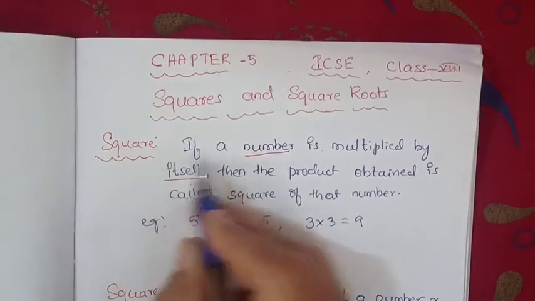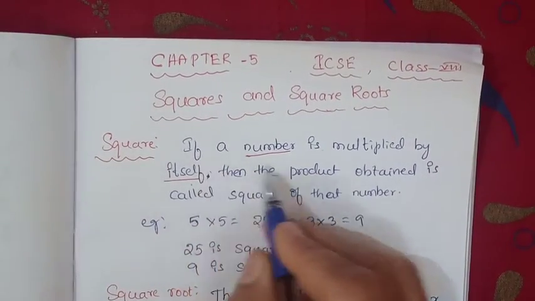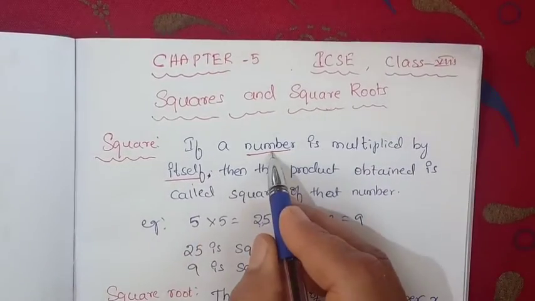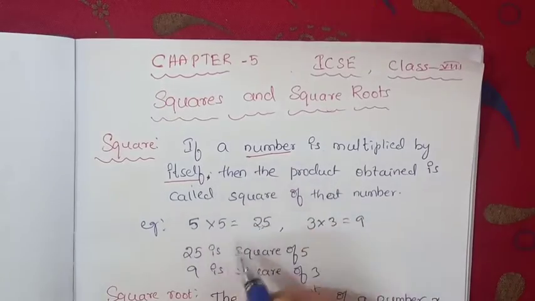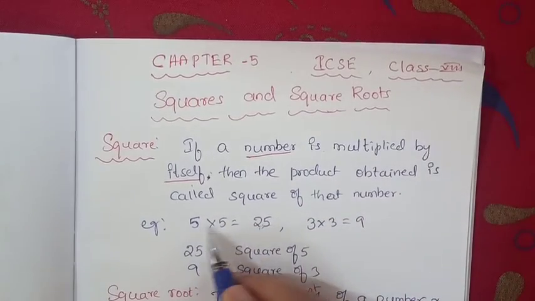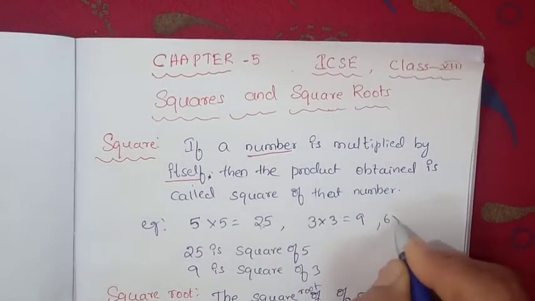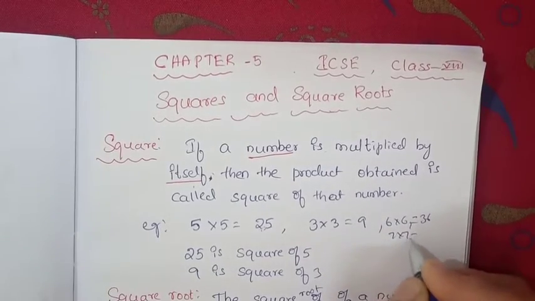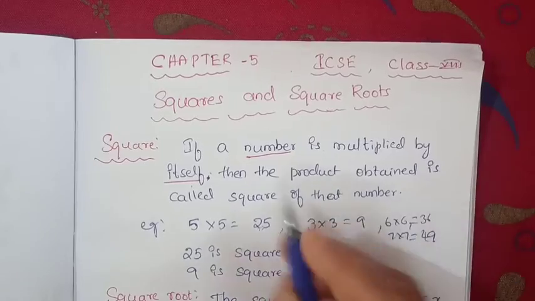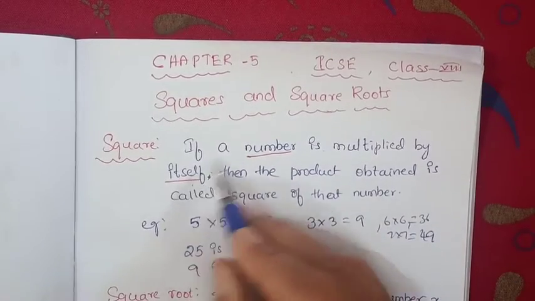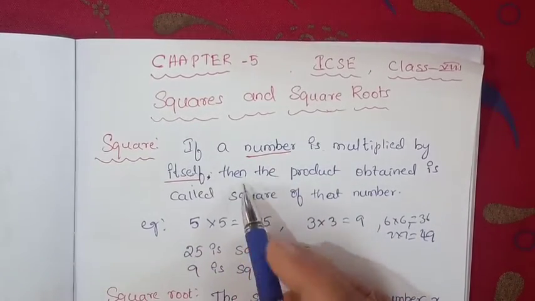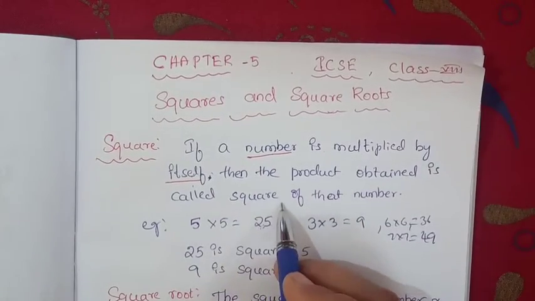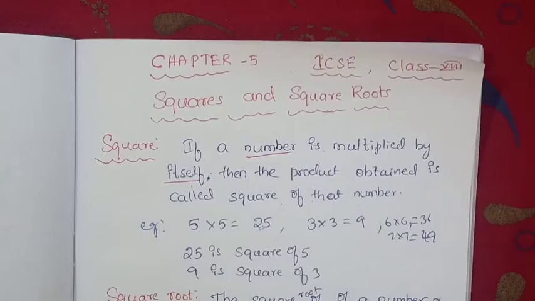So what is the square? Exactly, if a number is multiplied by itself, for example 3 into 3, 5 into 5, 6 into 6 is 36, 7 into 7 is 49. When a number is multiplied by itself, the product obtained is called the square of that particular number.